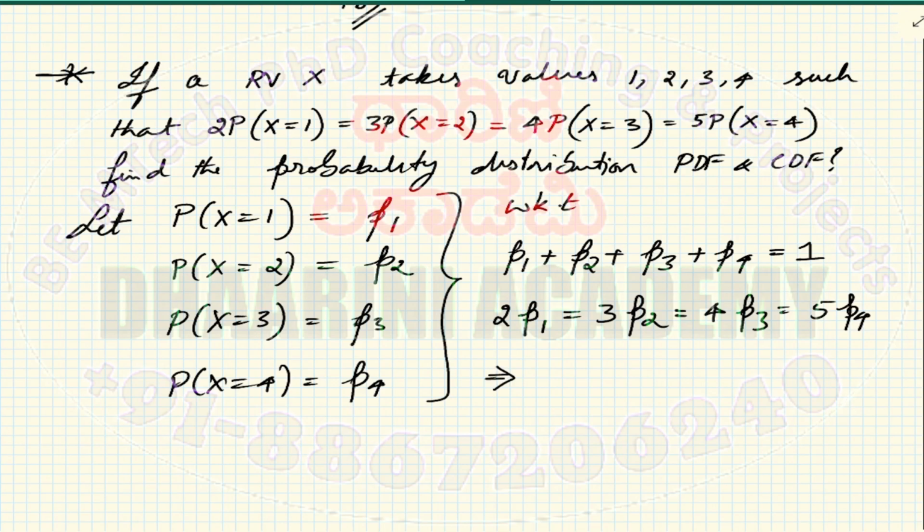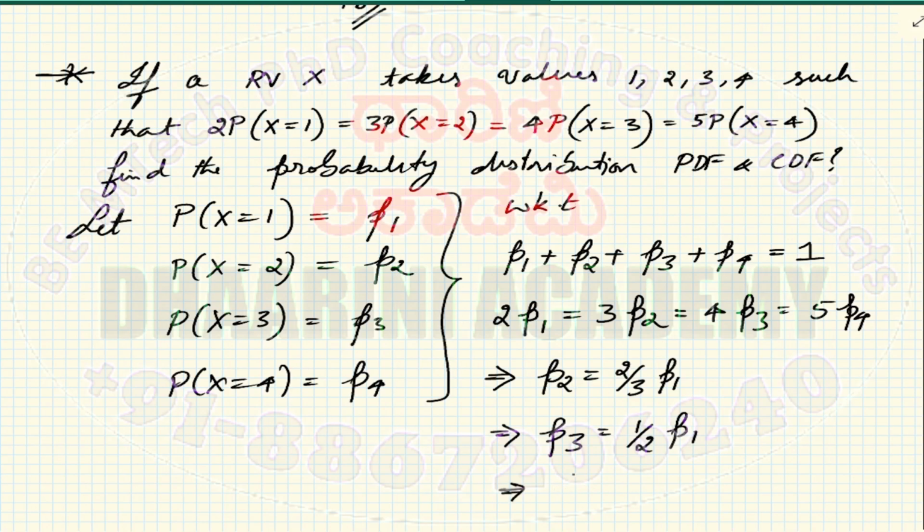From this, we can write p2 in terms of p1: p2 is 2/3 of p1. This also implies that p3 is equal to 2 by 4, that is half of p1.